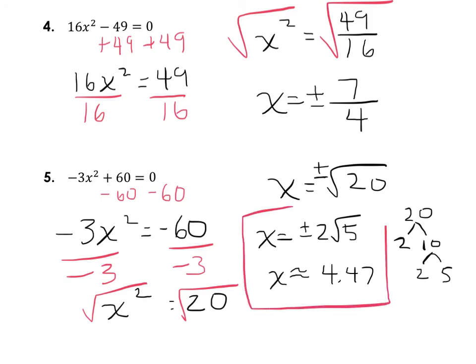I can either write this as a simplified radical or as a decimal, and I actually didn't write this in. Don't forget to put plus or minus for each of them. There's two solutions. Remember, that's the place where the quadratic function crosses the x-axis, your zeros.